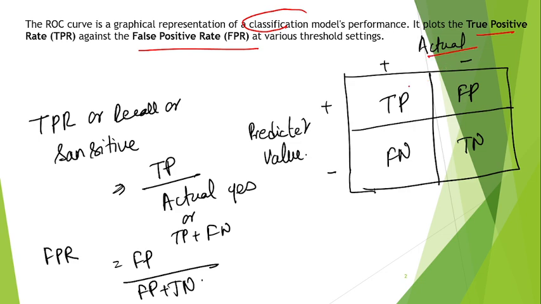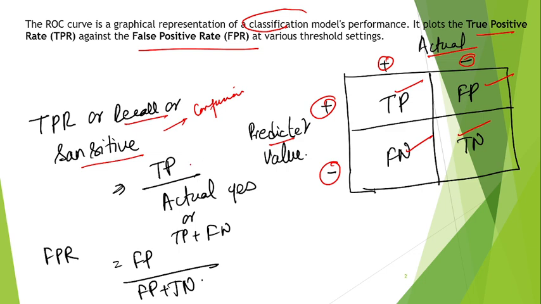Here also I'll explain there is a confusion matrix. We have got actual and predicted values, correct? Actual positive, predicted positive, actual negative, predicted negative. There is true positive, true negative, false positive, false negative. And what is TPR, or we call it recall, or sensitivity, which is a part of our confusion matrix?